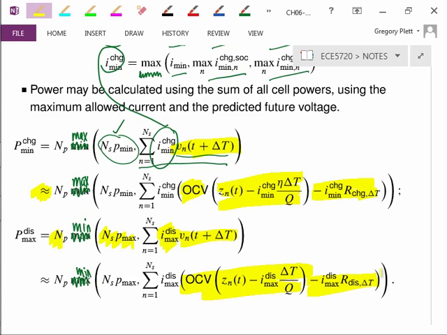I will say that there are a lot of approximations made with this method of assuming that the cell model is very, very simplified and so forth. So the number that comes out of this calculation is very often multiplied by some factor, a derating factor in real life.